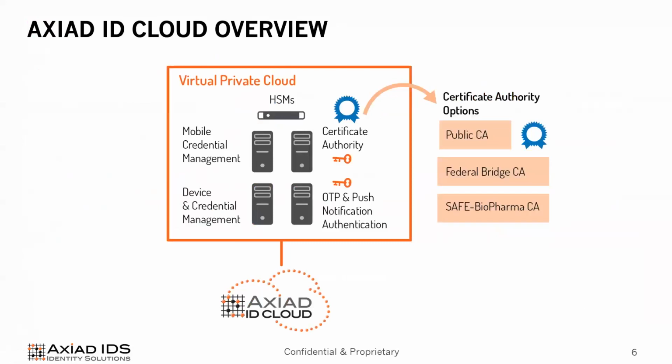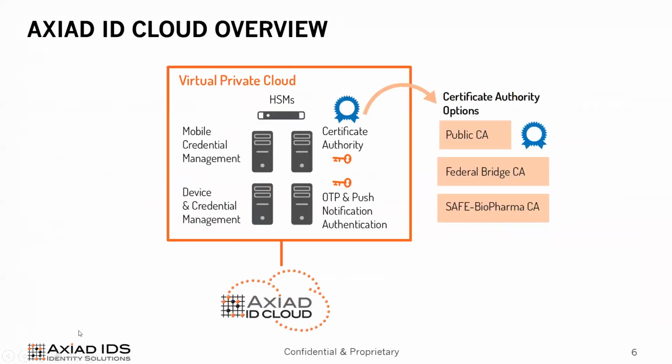With the certificates, we also have options for public CA. For example, if you wanted to send emails that are publicly signed and encrypted, we can do that. And if you have extensive certificate needs, we can cross-certify with the Federal Bridge or SAFE-BioPharma, so that when you're exchanging email security, they can validate exactly through the bridge that you're connecting through.